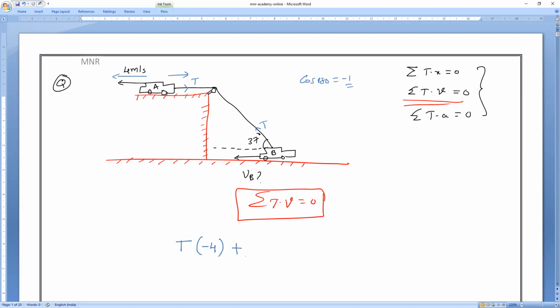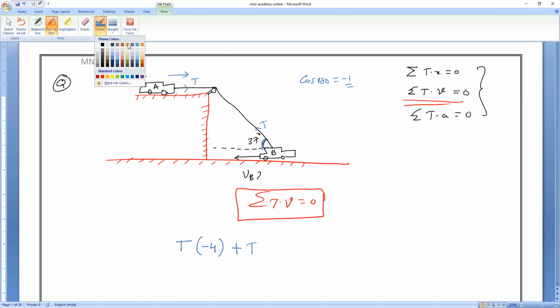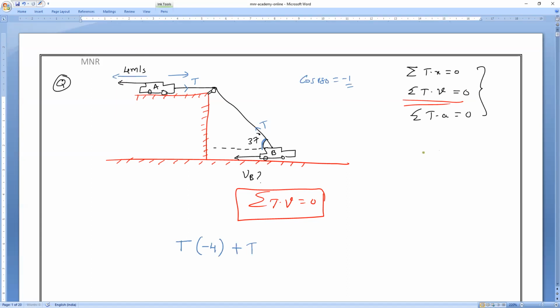Next, again here, see velocity and tension, both are in the same direction. But what is the angle between them? 37. It is a dot product. Dot product means what will come? Cos. Am I right, everybody? So T into velocity of B into cos 37. How much is cos 37?